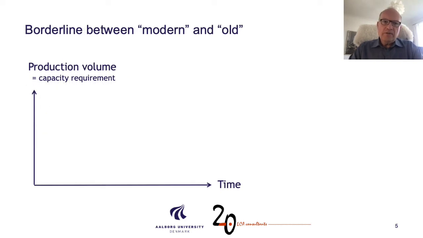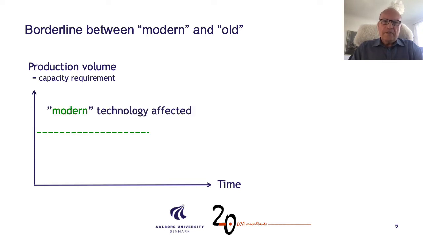We can illustrate that with this graph, where time is on the x-axis and the production volume on the y-axis. The production volume is also basically the requirement for production capacity. So if we say that we have a situation where the production volume is constant over time, in that situation, whenever you are above this line, modern technology would be affected.